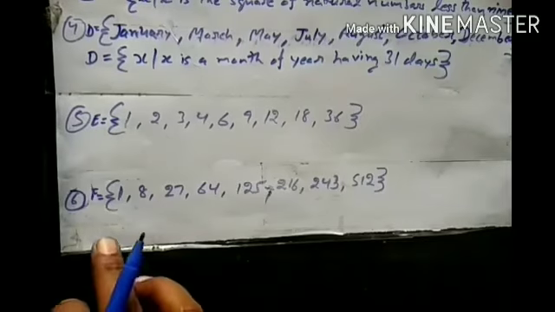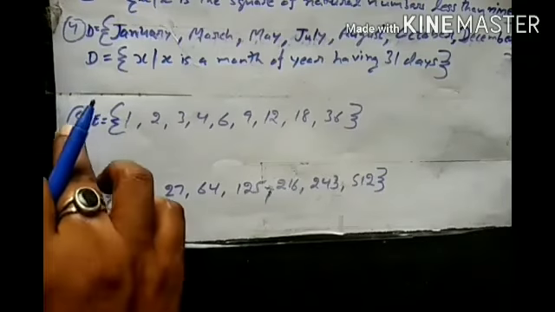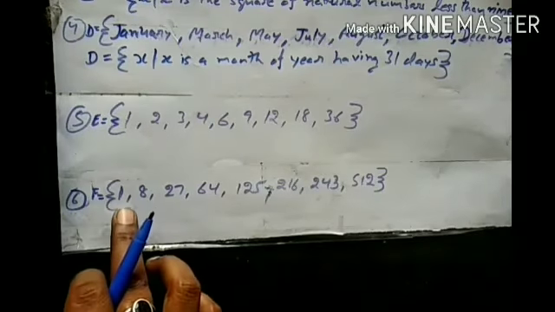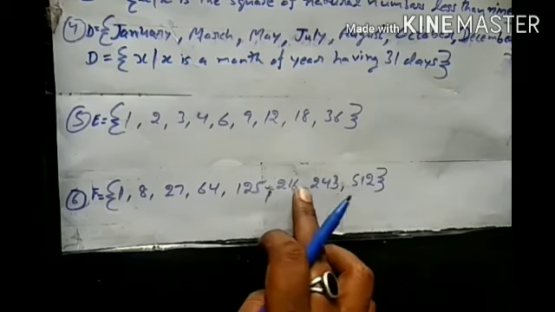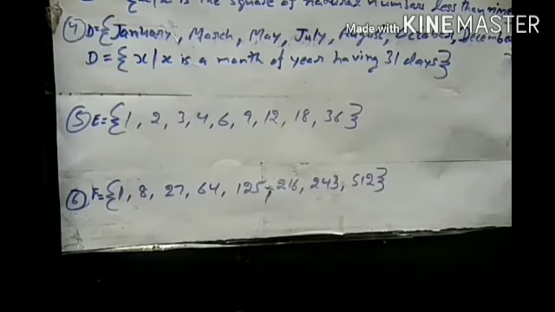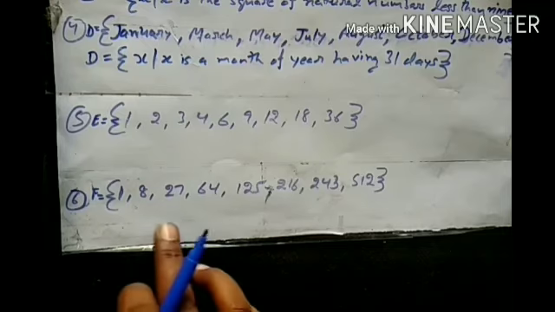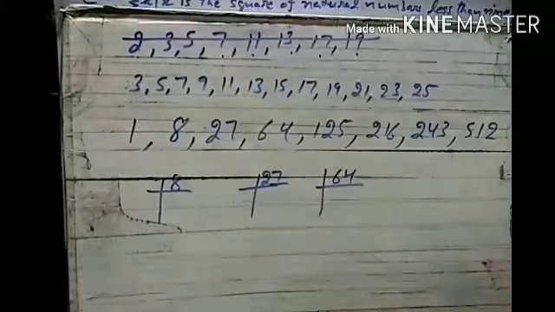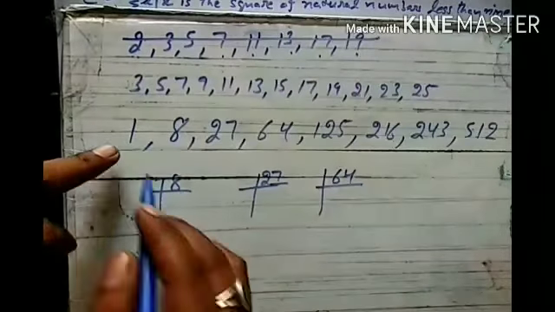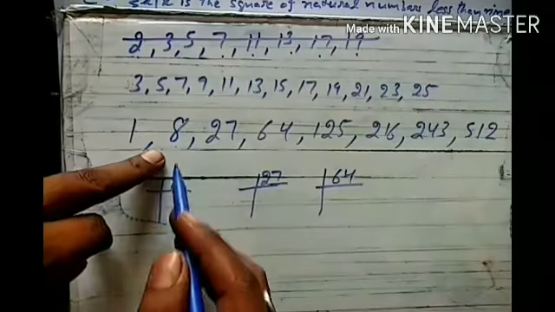We will solve the sixth question before the fifth question, as the given numbers are 1, 8, 27, 64, 125, 216, 343 and 512. So I have to see their common property. I write all the members here. Now 1, I leave the 1. After that 8, I take 8.